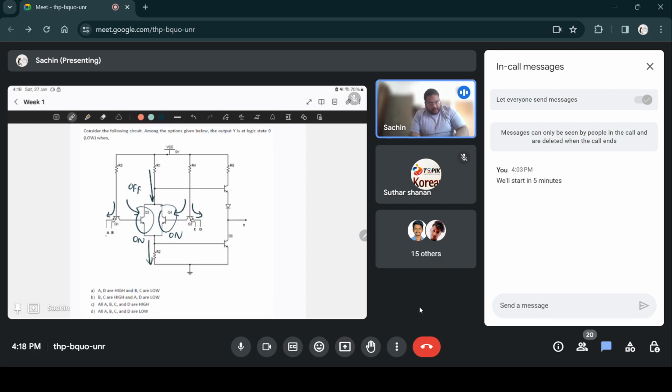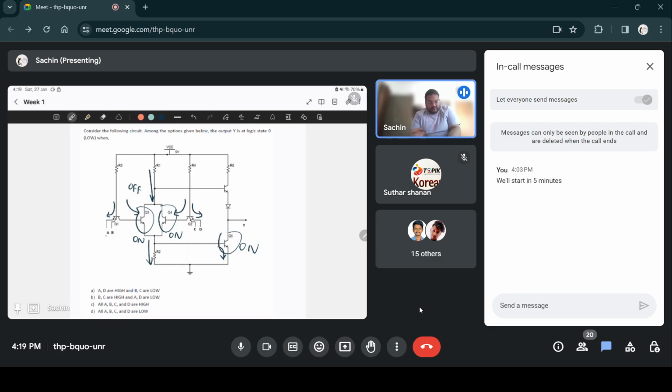So there will be a voltage drop across R2, and we are assuming that voltage drop is high enough to forward bias this BE junction of Q6. So this transistor will also be on.